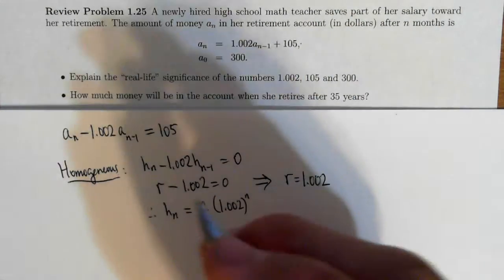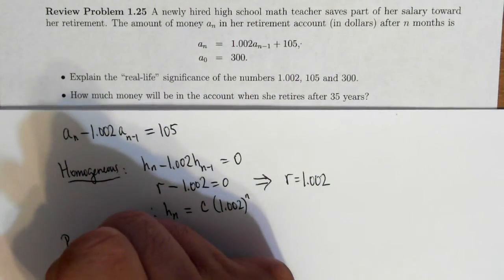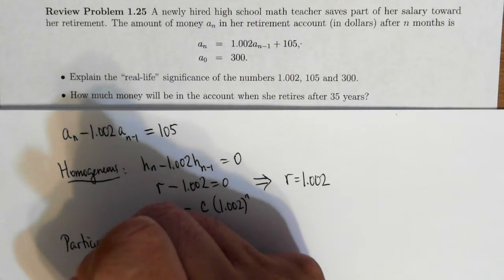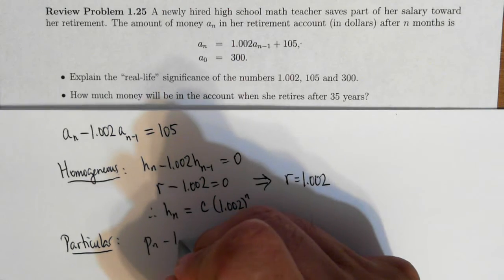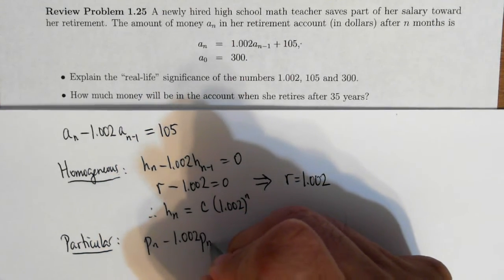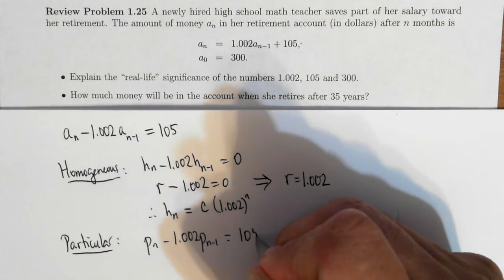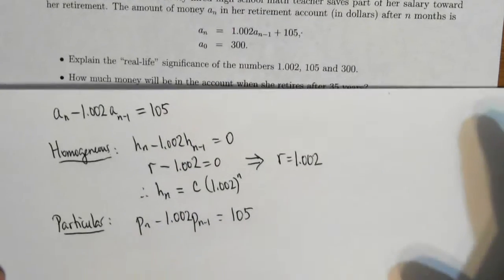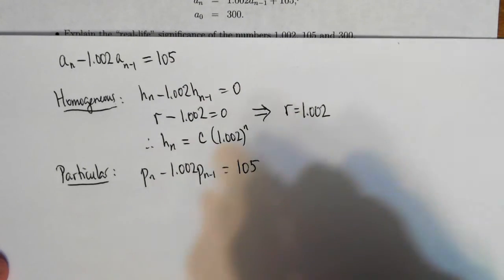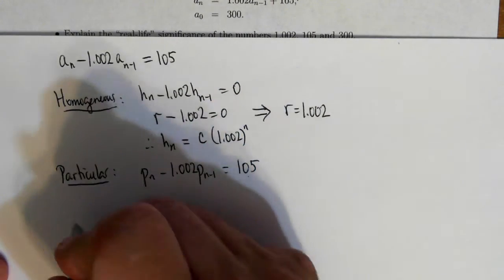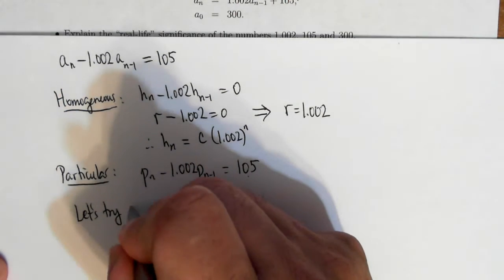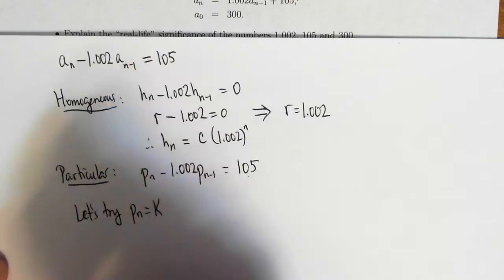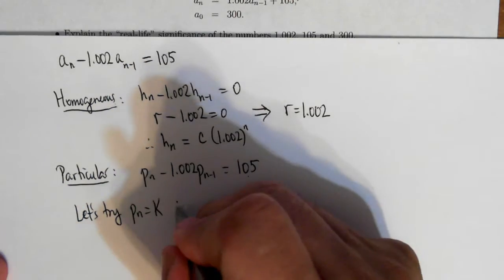Next thing we need to do is find a particular solution. So p sub n minus 1.002 times p sub n minus 1 equals the constant 105. And so our rule is that if we have a constant on the right-hand side, let's try p sub n equals a constant that does not depend on n.